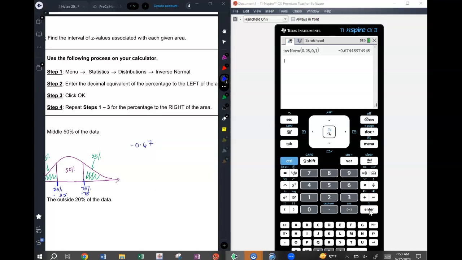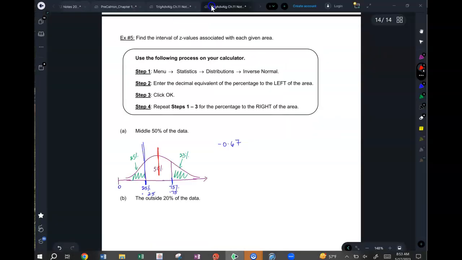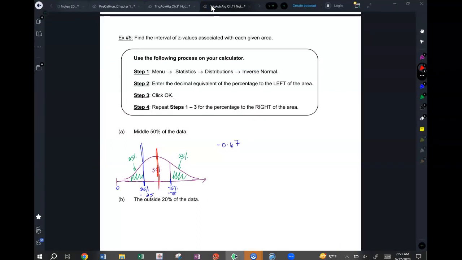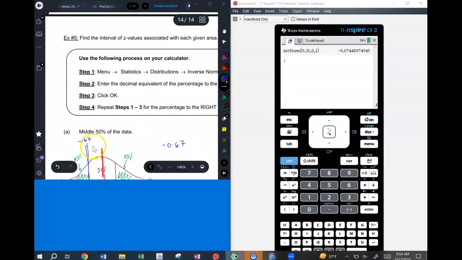Negative 0.67, right? So what that tells you is, look, guys, remember how that red is the mean in the middle? The 25%, this is negative 0.67, so it's less than 1 standard deviation away. Now, let's repeat the process for the other number.